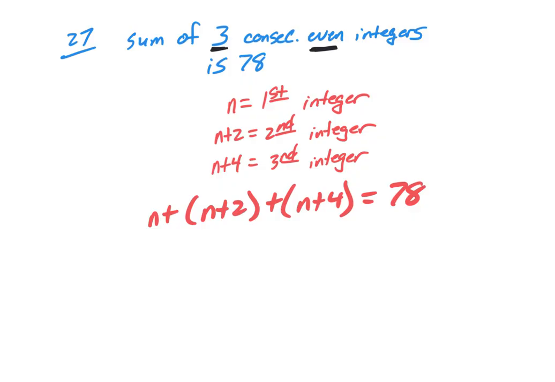If we have the equation set up correctly, now all we got to do is solve it. Okay, so we're going to combine like terms. N plus n plus n would become 3n. 2 plus 4 will become 6. Now it's just a two-step equation to solve. Subtract 6 from both sides. Divide by 3.